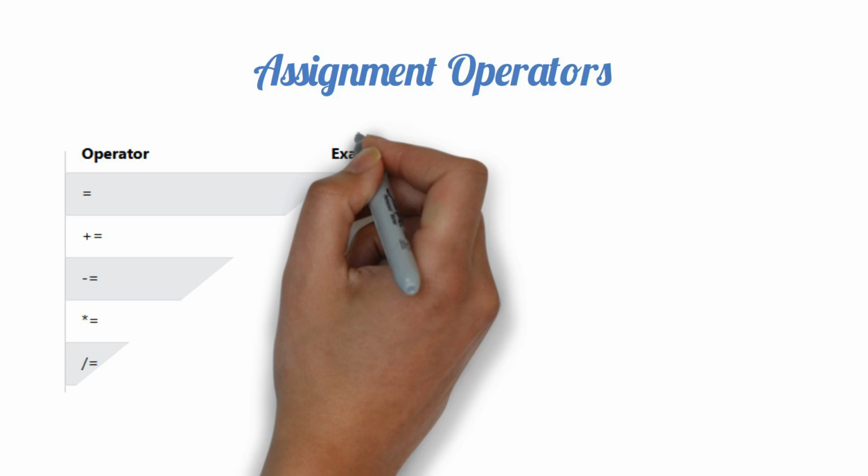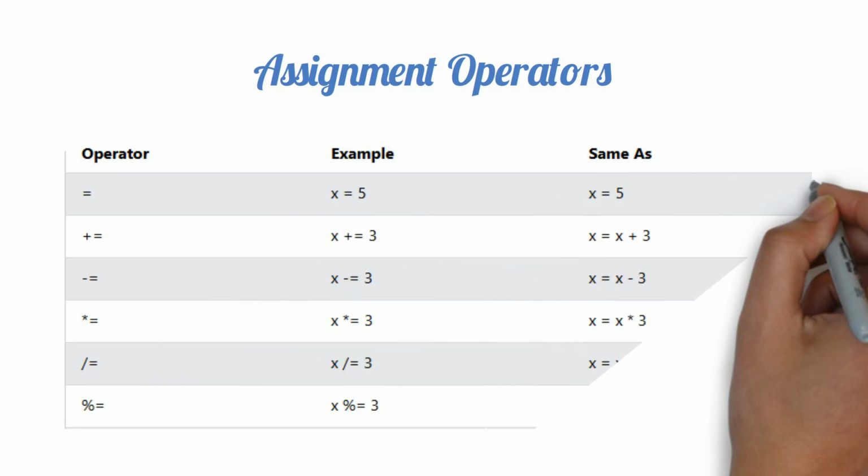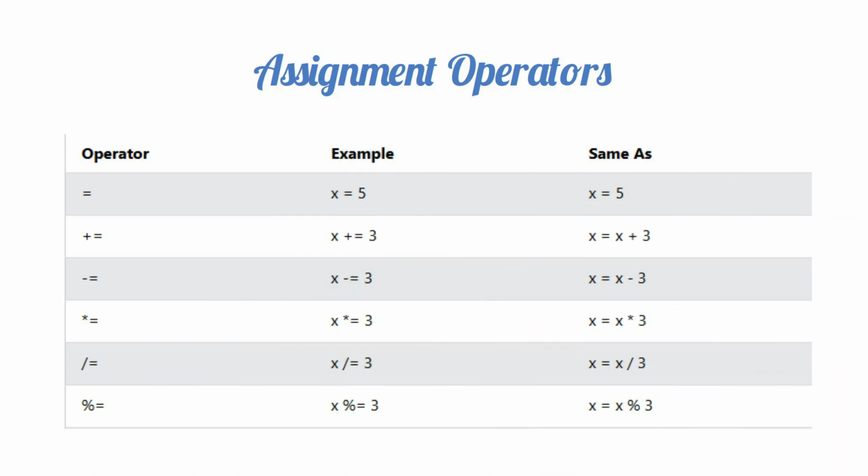In this table, you can see the list of all assignment operators. Equal to is used for assignment, as you can see in the example, x equal to 5. Next, I am writing the plus equal to operator. This is nothing but x plus equal to 3. Internally, it will be calculated as x equal to x plus 3. Next is minus equal to, that is x minus equal to 3.